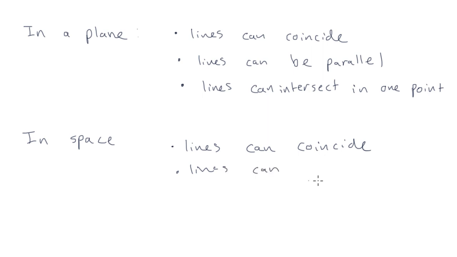So what does it mean for 2 lines to be parallel in space? Well, their direction vectors are parallel.